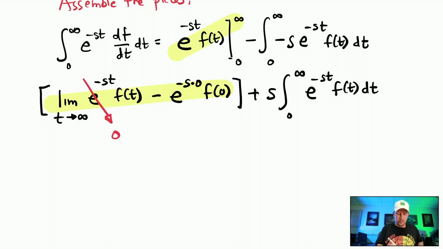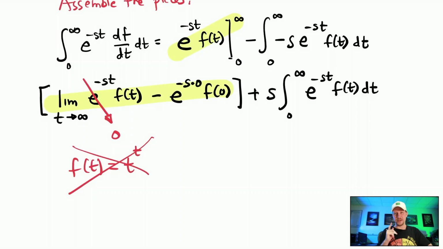So, for example, a function for which this does not work, if you had f of t being something like this, which you would never see in a real problem, this itself is not of exponential order. The Laplace transform does not exist, right? But if it's of exponential order, then that portion does actually disappear.